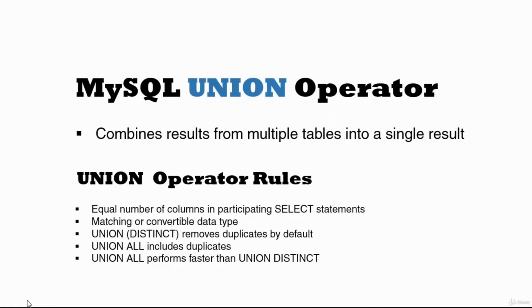If you use the union operator with all, it will include all duplicates. Union all is a lot faster than union distinct. So let's have a look at an example of how this works.